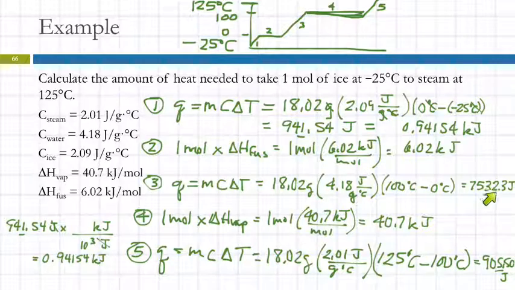This guy, moving the decimal point 3 to the left, is going to be 7.5323 kilojoules. That one's already in kilojoules, and this one is going to be 0.90550 kilojoules.